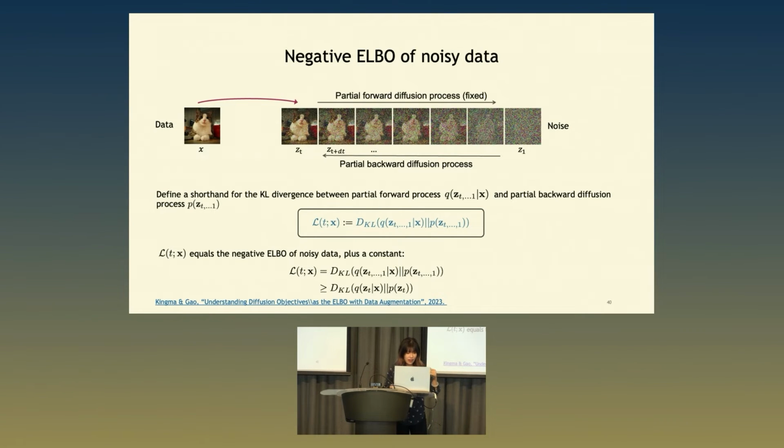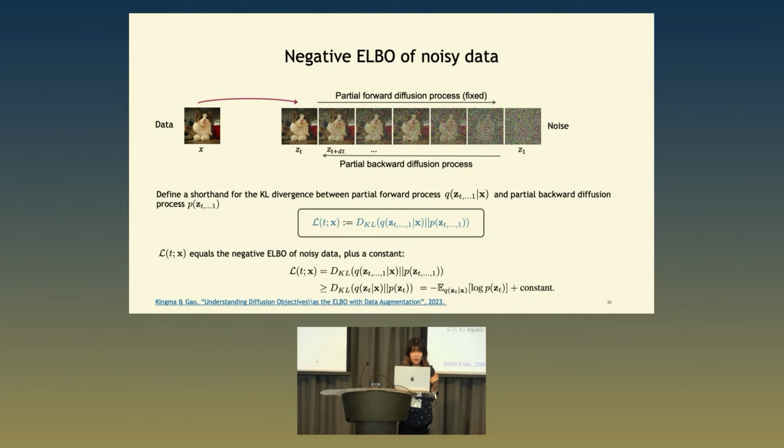To be more specific, this KL divergence is larger than or equal to the KL divergence between the marginal distribution q(z_t given x) and the model marginal distribution p(z_t), which corresponds to the negative log likelihood of the noisy data at time step t.